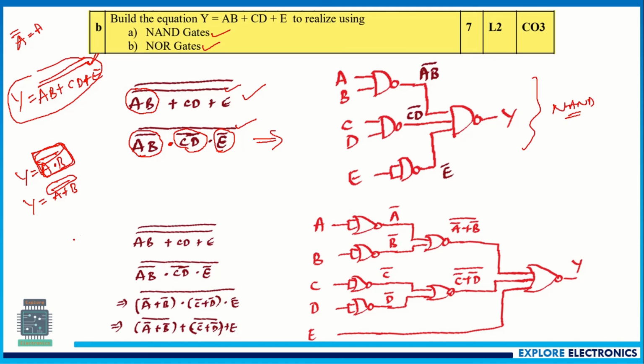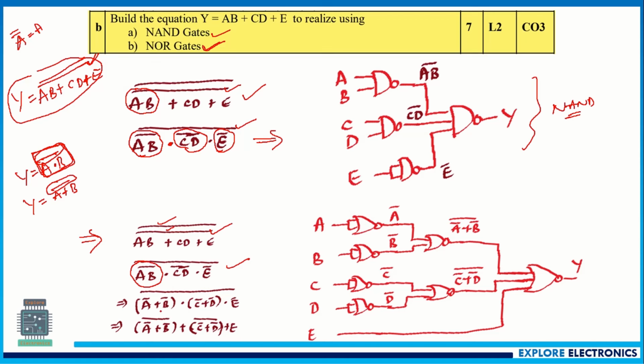Okay, then coming to the NOR gate implementation, you can see here, this again I have taken in the same way, taking double bar and simplifying for one bar, we will be getting (A into B) whole bar into (C into D) whole bar plus E into E bar whole bar. But this is the type of NAND gate implementation. Again what we need to do, we need to simplify the inside part, (A into B) whole bar.